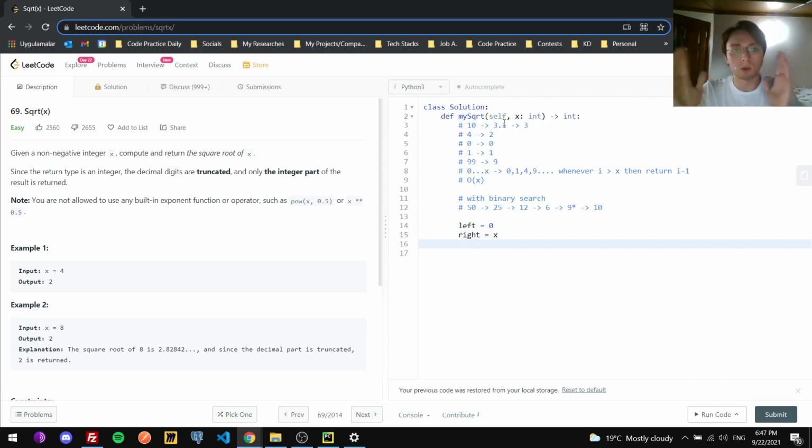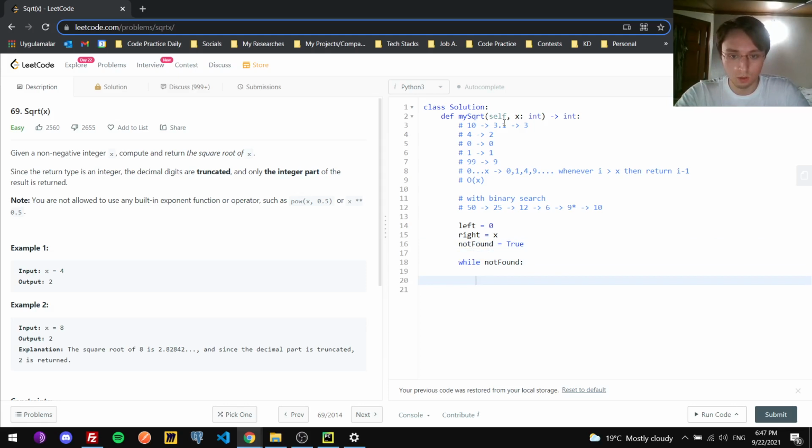We will change the boundary as we continue this loop, where we say that not found is equal to true.